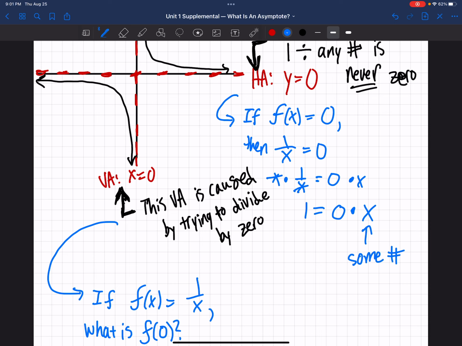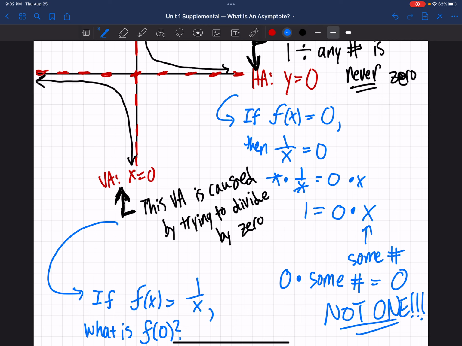Well, what is 0 times some number? 0 times some number equals 0, not 1, right? 0 times some number is never 1. That never happens. 0 times any number is 0, okay? And that's just a fact to know. So this can't happen either, right?